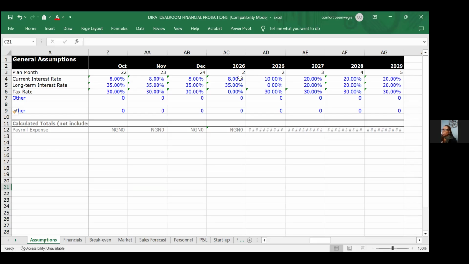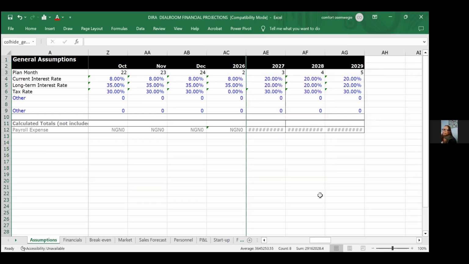So let me just answer straight away. If you are going to be inputting data for the second year, then it will accumulate into the first 2026 under AC. So what we will then do is to hide AD, because we don't need it.